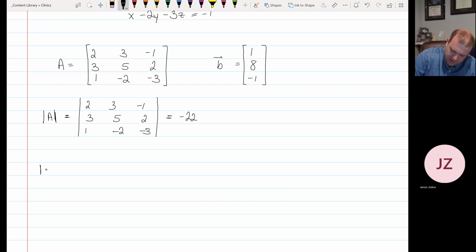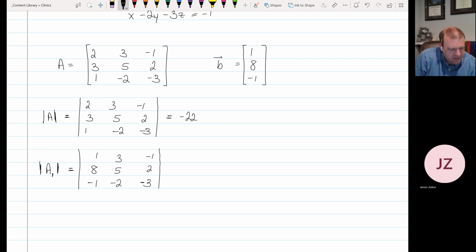Now we're going to want the determinant of what we call A1. We find the matrix A1 by taking the first column of A and replacing it with the vector B. That'll be a determinant of -66.